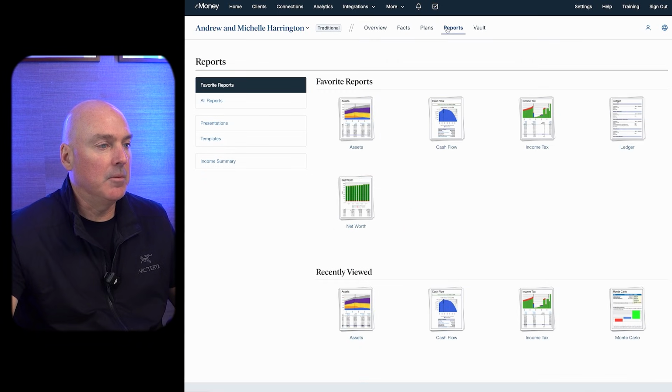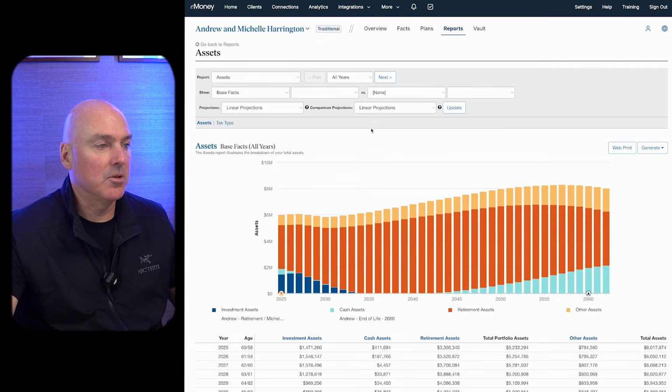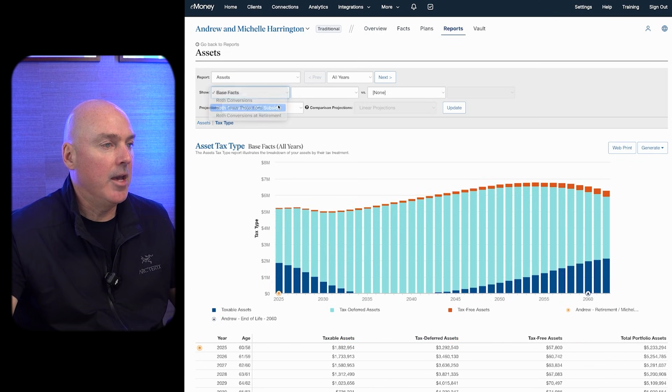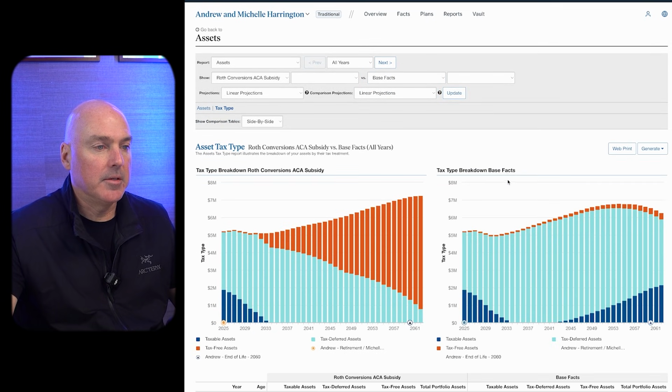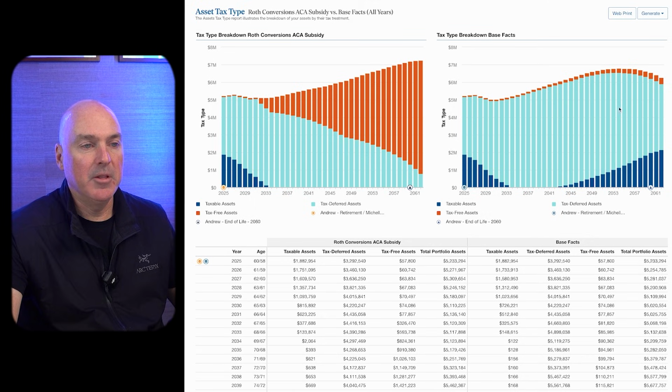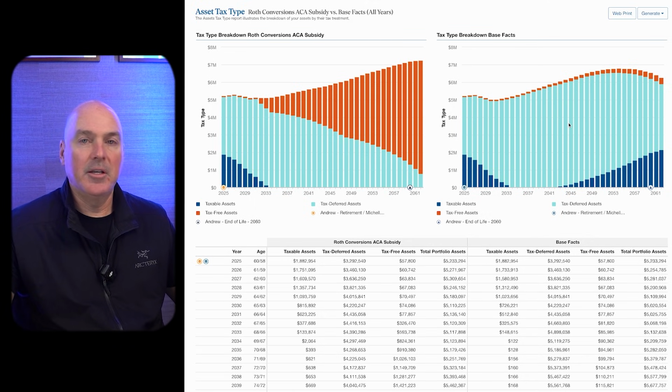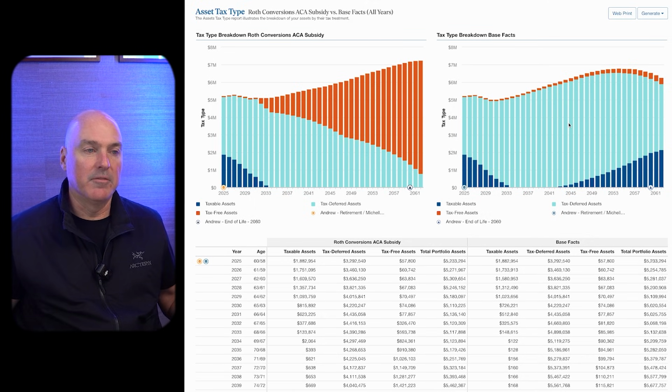When we look at the breakdown of those assets, we can also see a pretty nice differential here with that ACA subsidy versus our base plan. And we can see that our base plan is going to be this one on the right, and effectively, if you don't do any of those Roth conversions, you're going to still end up with the bulk of your money in those traditional retirement accounts.